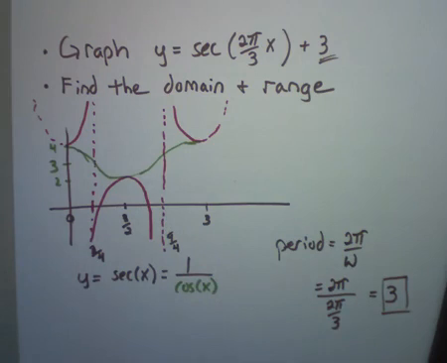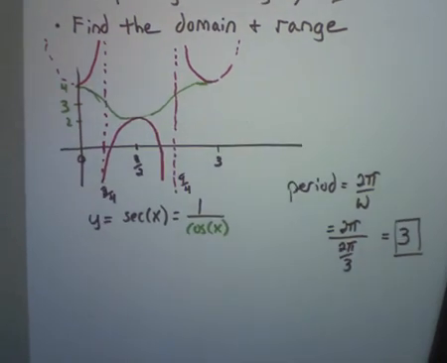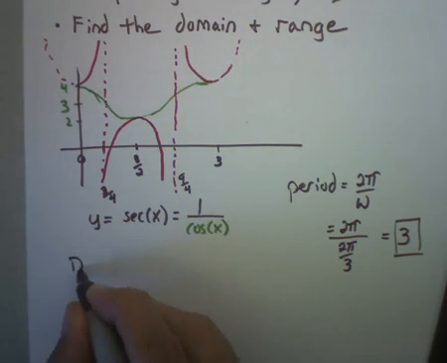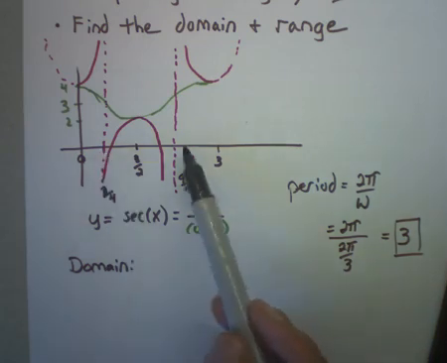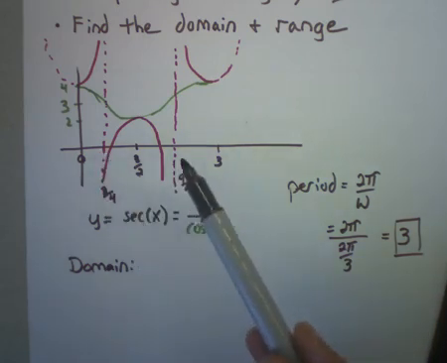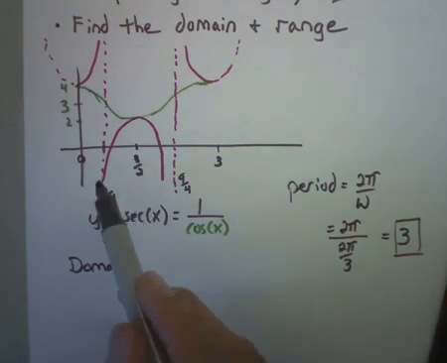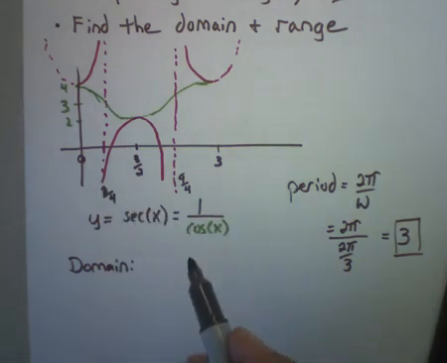We also wanted to talk about the domain and the range. So let's talk about domain. And the domain is everywhere except these asymptotes. Those are the places where you can't plug in an x value and get a value of the secant graph.